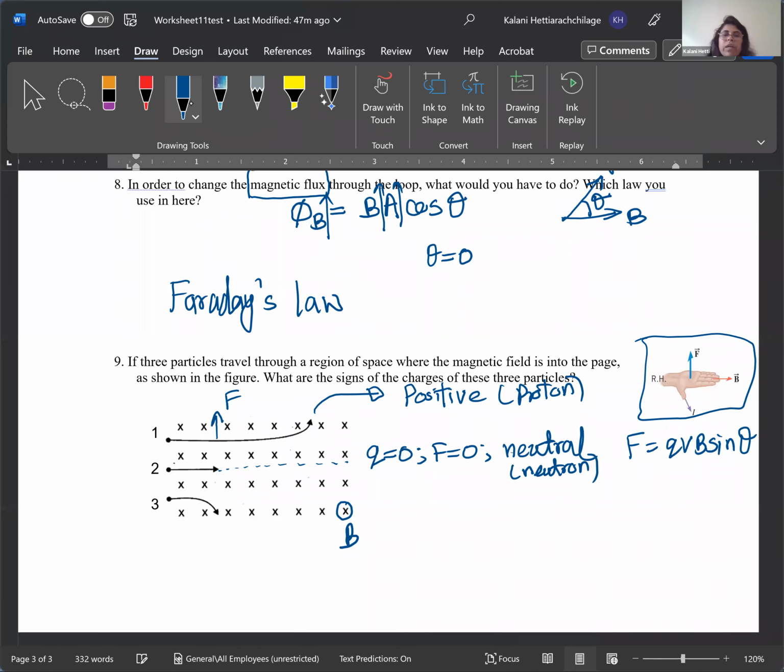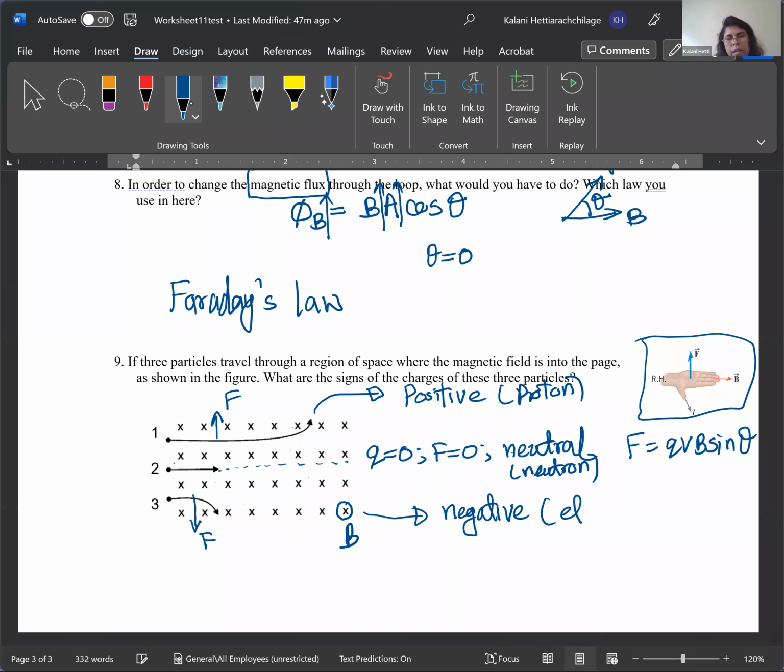And now the bottom one, again, you have right hand into the board, come to the right direction and upward, but it seems my particle is going downward rather than upward. That means this has a downward force. Downward force means basically it is an electron. Okay. So that means here I have the third one, negative charge.